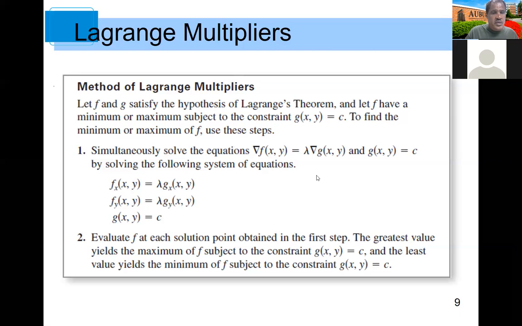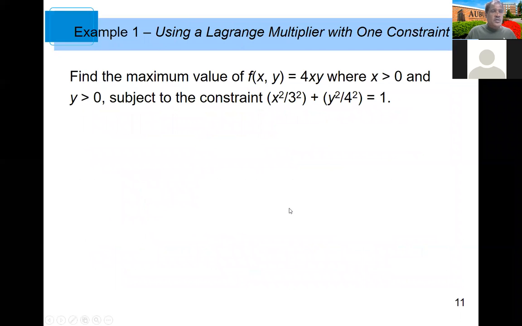Now, let's see this in an example, okay? Let's take the previous example, the example of finding the maximum area of a rectangle which is inscribed in an ellipse.